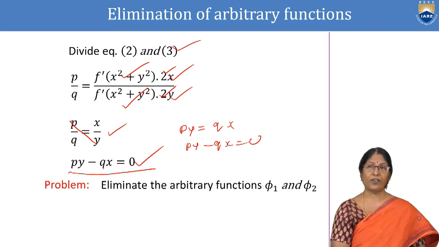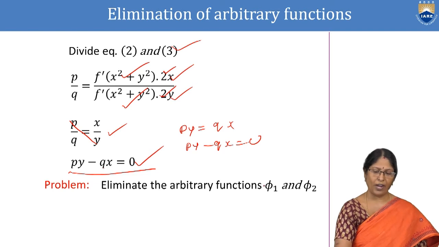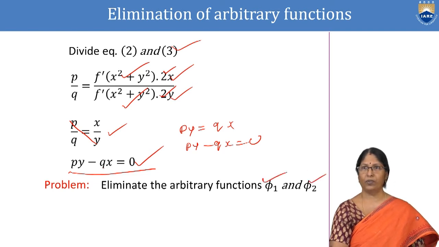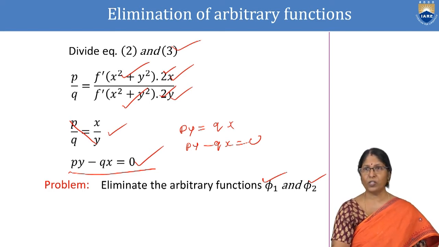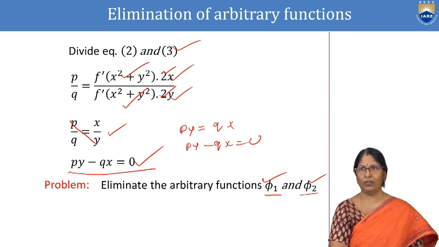The next problem: eliminate the arbitrary functions pi 1 and pi 2. In the previous problem, f of x square plus y square, only one function was there. But in this problem, pi 1 and pi 2, two functions are playing their role.